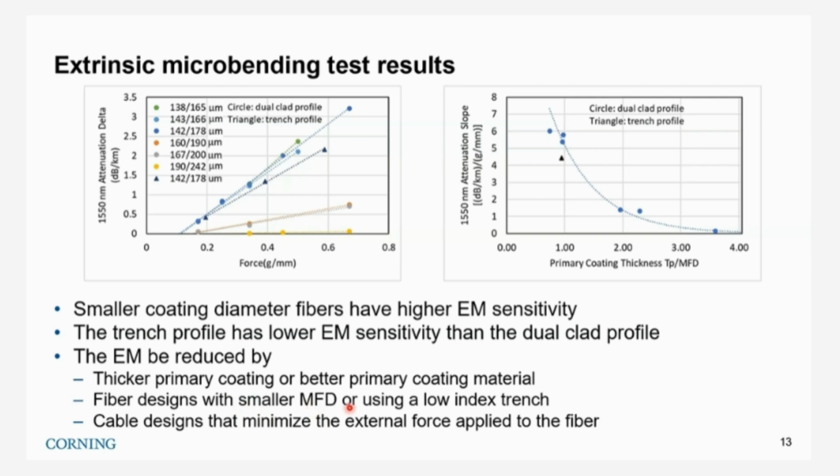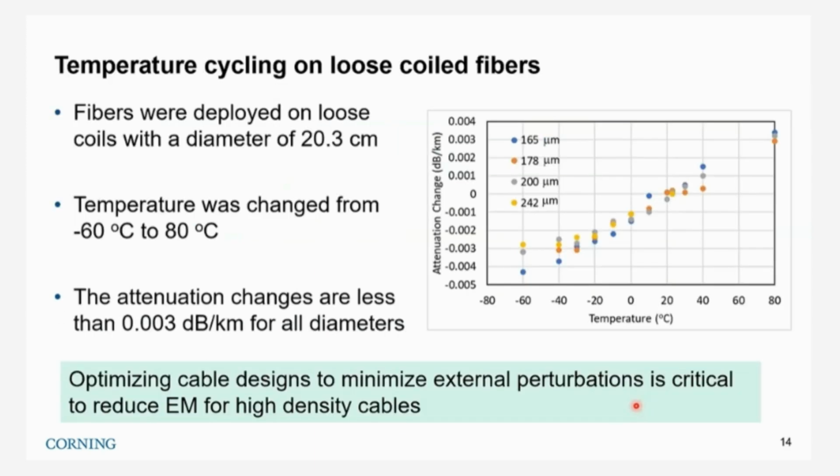And for profile design, you can reduce mode field diameter or use the low index trench design. As I mentioned earlier, for extrinsic microbending, one very important factor is that you minimize the external force applied to the fiber. If you don't have a force applied to the fiber, then you don't have a microbending problem.